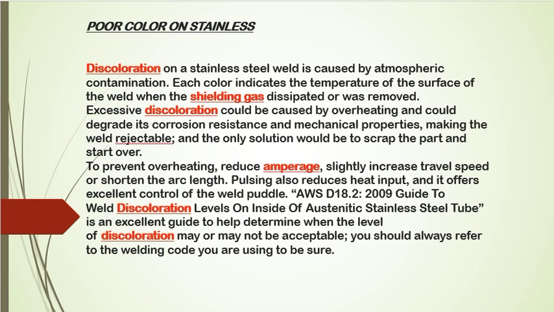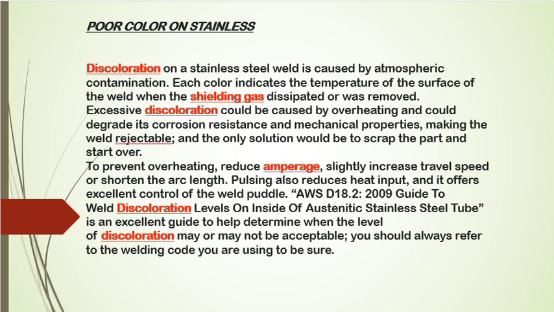You can check how the color is changing, the different colors. This means the temperature of the surface. If the weld shielding gas is lost, excessive discoloration could be caused by overheating and could degrade the corrosion resistance and mechanical properties, making the weld rejectable.